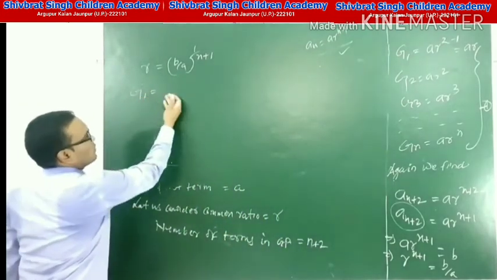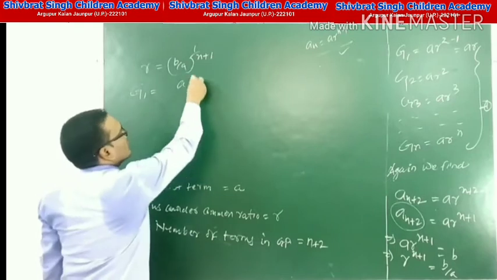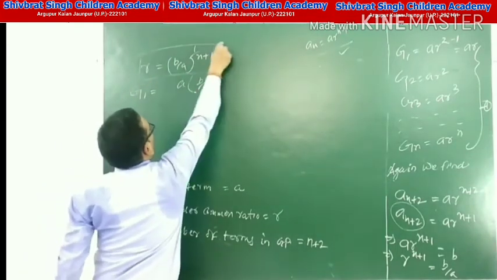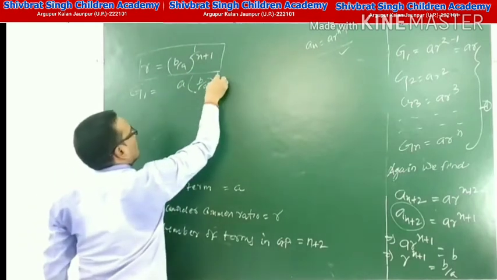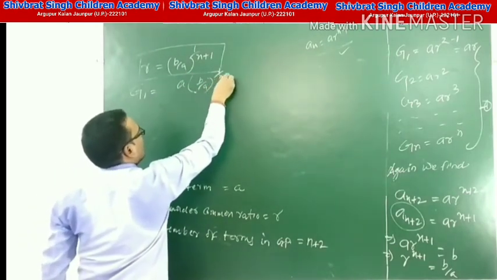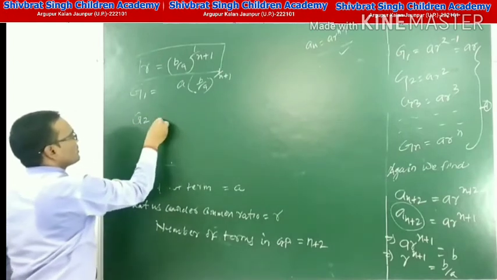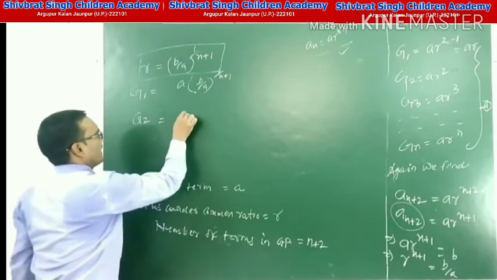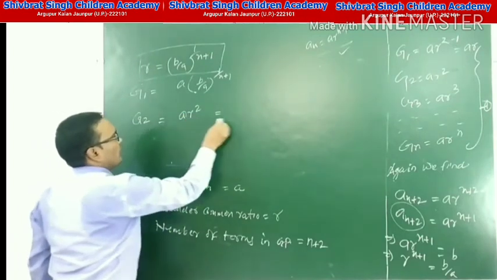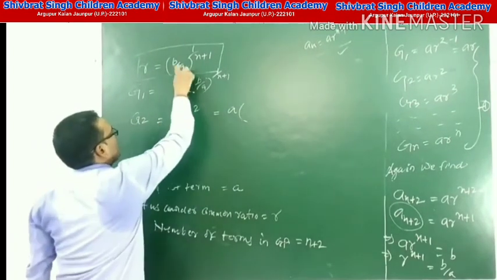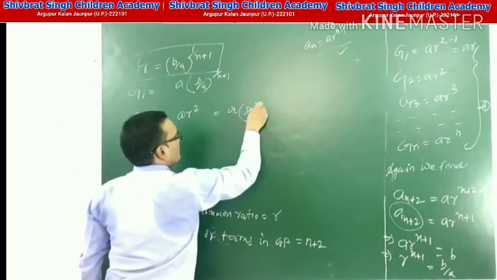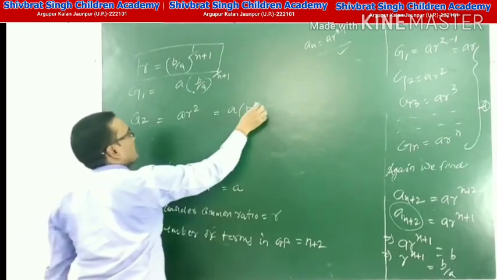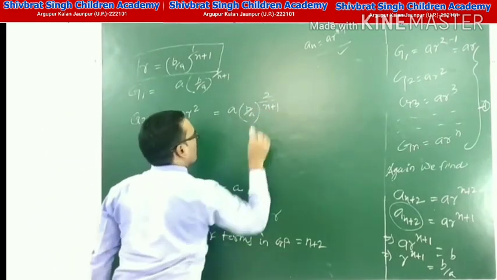G1 equals ar, where the value of r is b upon a to the power 1 by n plus 1. G2 equals ar square, and the value of r is b upon a to the power 1 upon n plus 1, that means a times b upon a to the power 2 upon n plus 1.